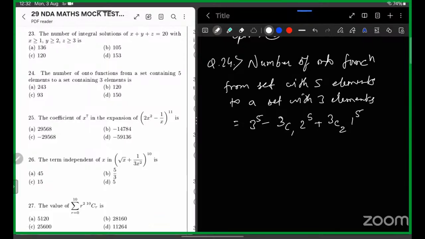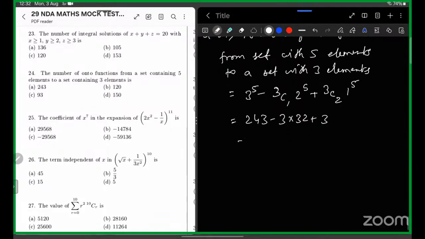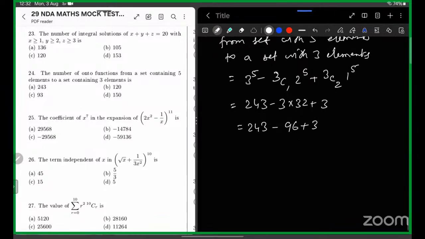Just solve it. 243 minus 3 into 32 plus 3, so you are going to get 150, which is option number.